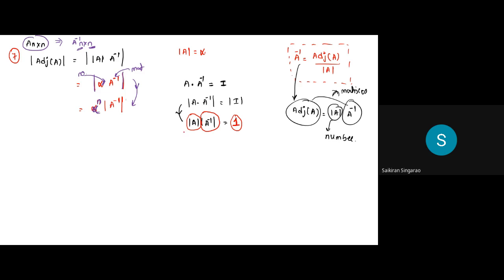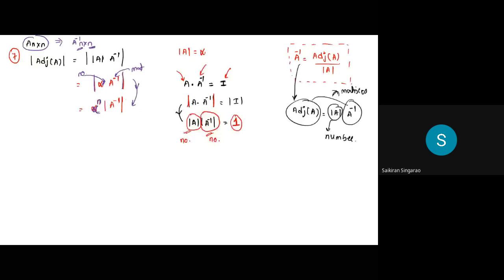So that means this also has to be a number, right? How can a matrix into matrix be equal to a number? Here, this is a matrix, this is a matrix, this is a matrix. The moment you apply determinant, it becomes a number. Please try to understand this. This is a number, this is a number, this is a number 1.